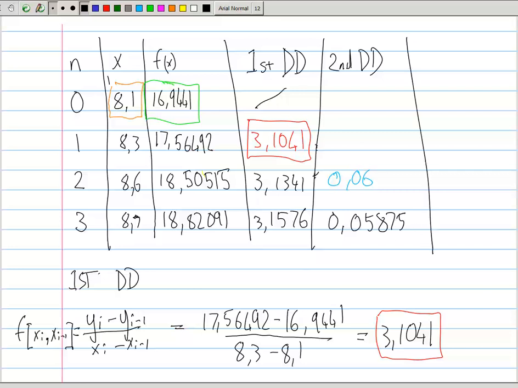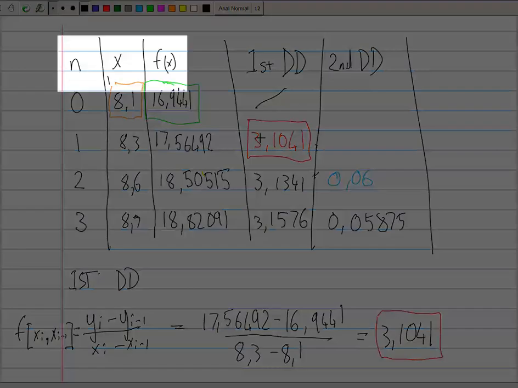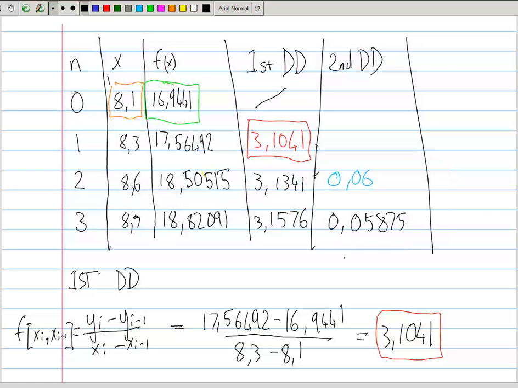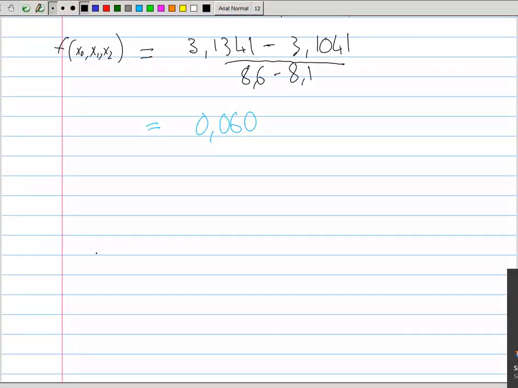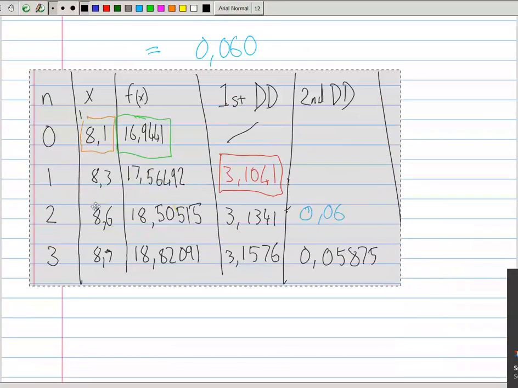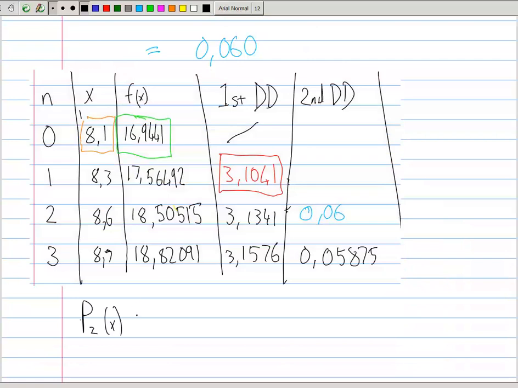Now let's construct our second order polynomial. And I'm just going to grab this stuff, just so we have a nice easy reference, and pop it in over here. So for our second order polynomial, I'm going to write it algebraically first.